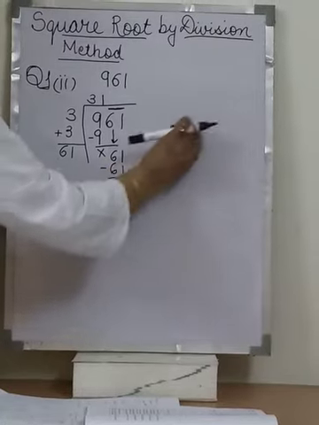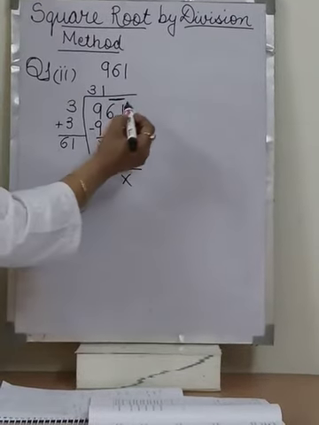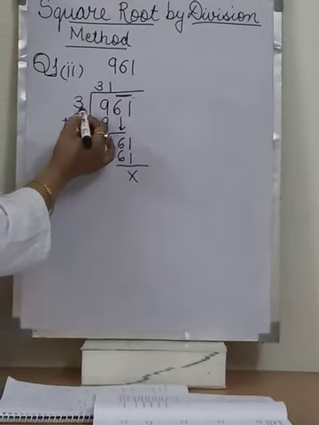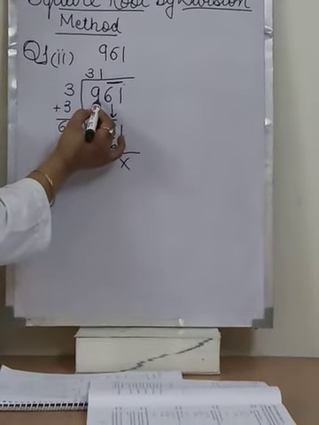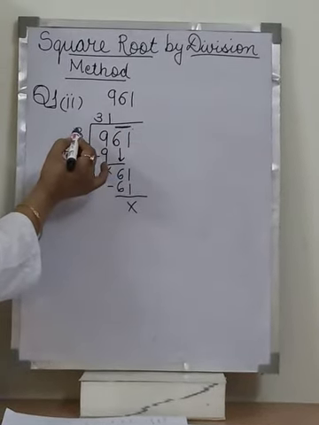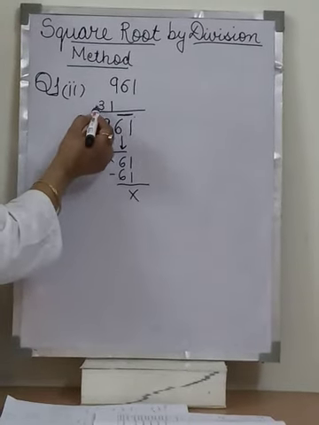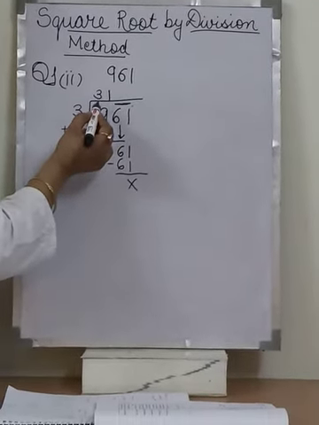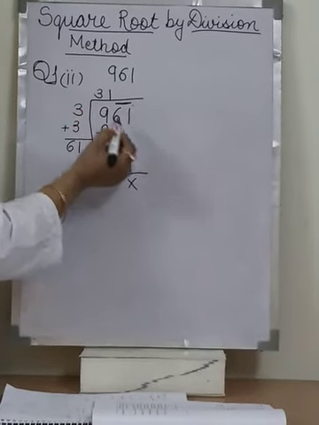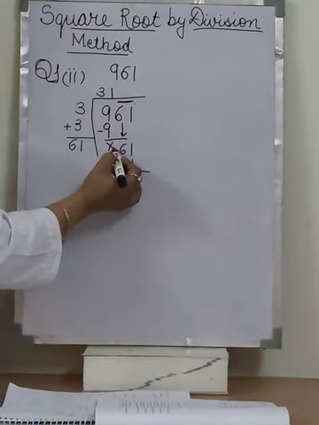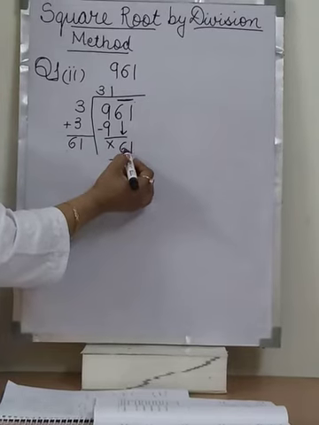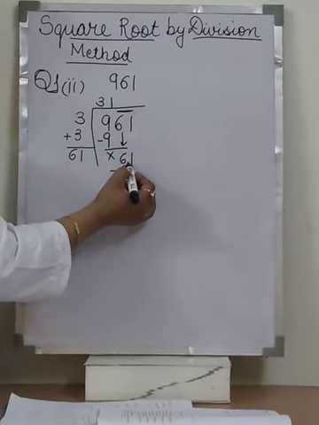Okay children, listen to me once again. Firstly we make the pairs, then we divide with only square numbers, and every time we get a new divisor and a new dividend. After dividing with 3, what are we looking for? A new dividend first. As 9 was completely cancelled, we copied 61. So 61 is the new dividend.